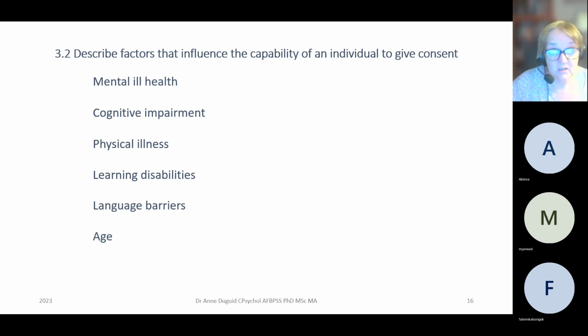And age. Children have the right to be participants, but obviously a 4 or 5-year-old is unable to give consent. They haven't got a clue. So you can give them information: you need to go and see the doctor, you need to get a special operation because you've got a sore tummy.